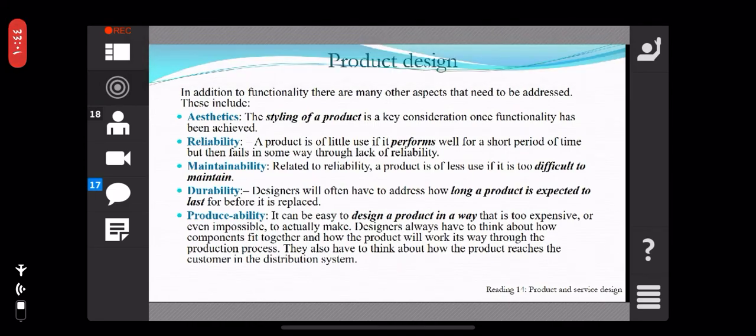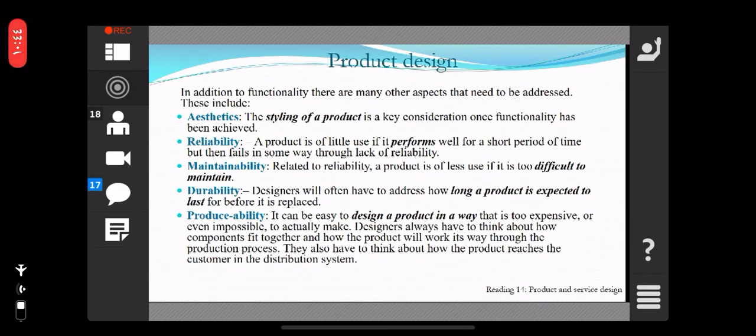A product is of less use if it's too difficult to maintain. It will not be put to good use if it's too difficult to maintain.